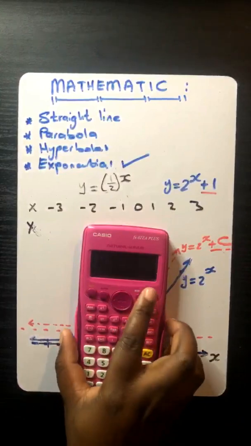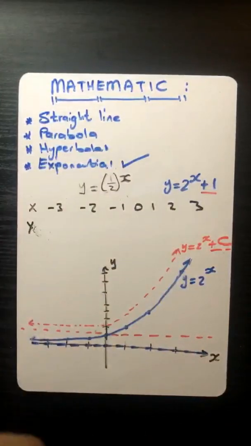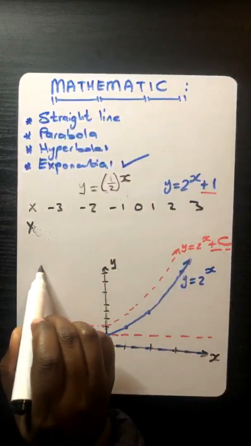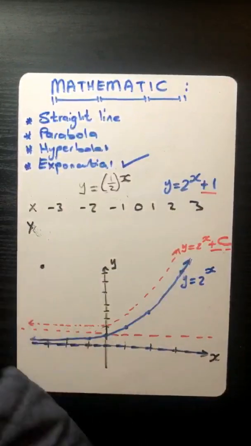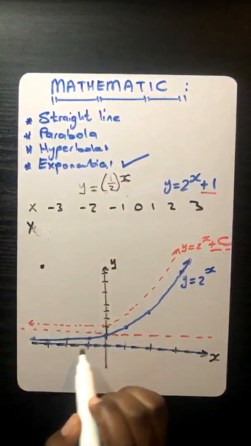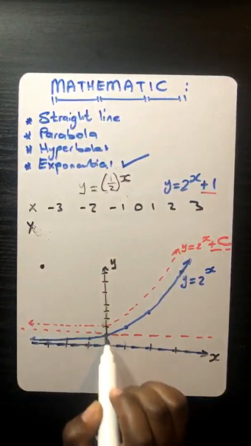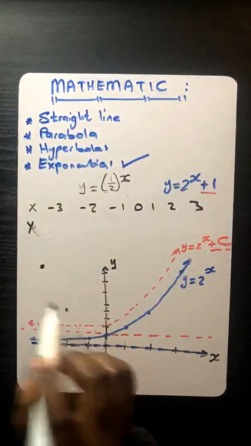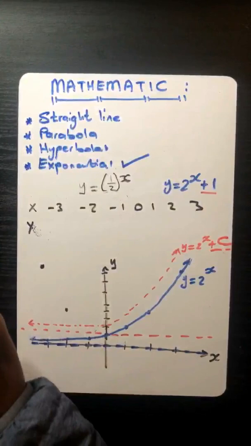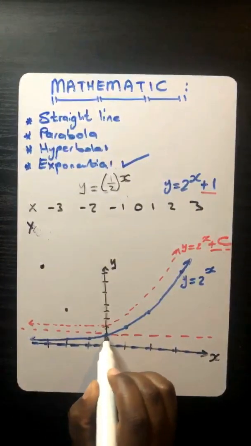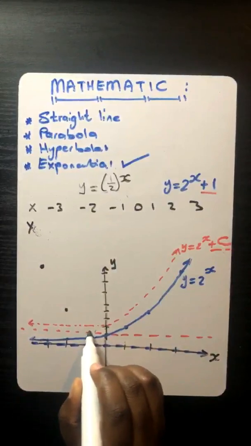Can you see it starts at 8? That means we now have 8 there. Where it's -3, it's 8. Then you go to -2, it gives us 4. So where is 4? 1, 2, 3, 4, -2 there. Then you go to -1, it gives you 2. There, -1, 2, it's somewhere there.